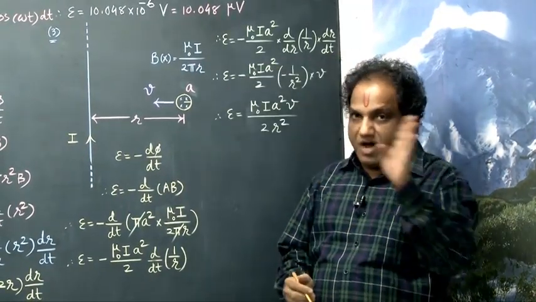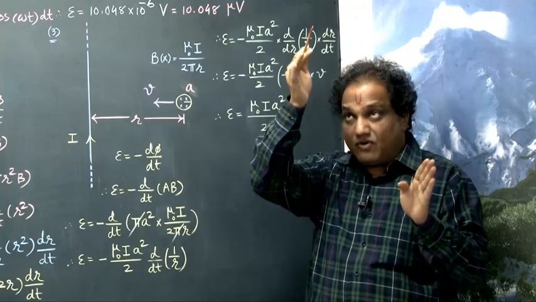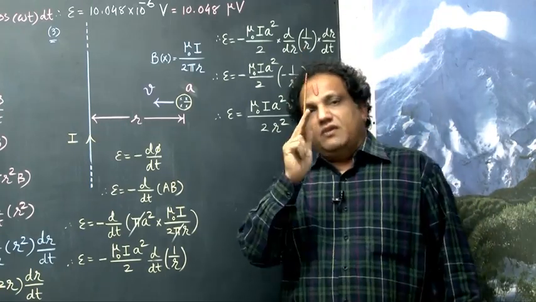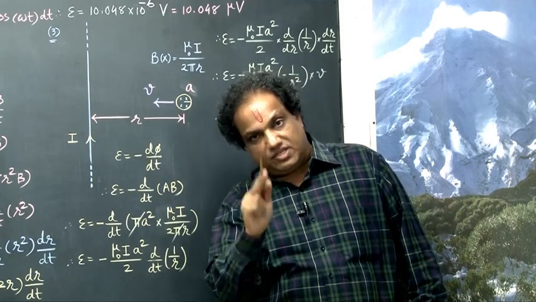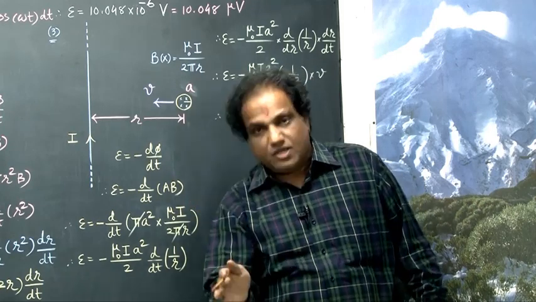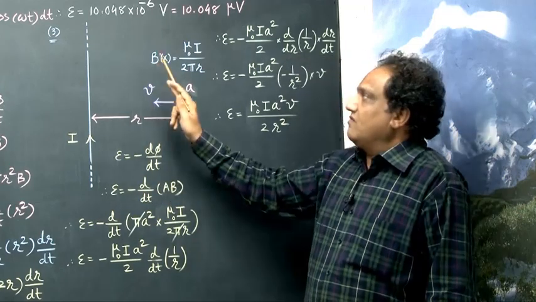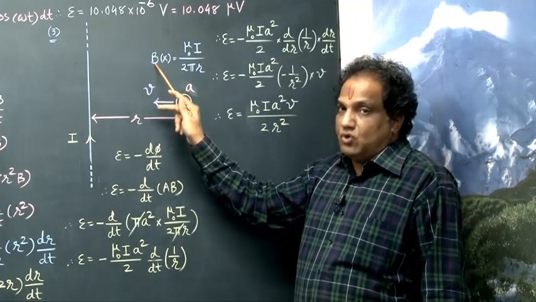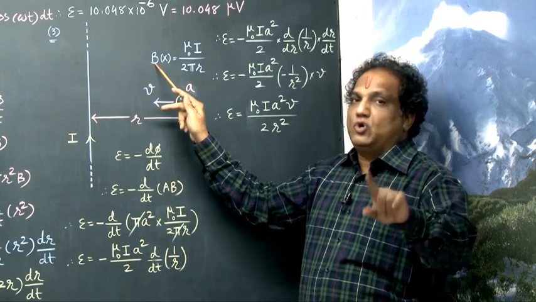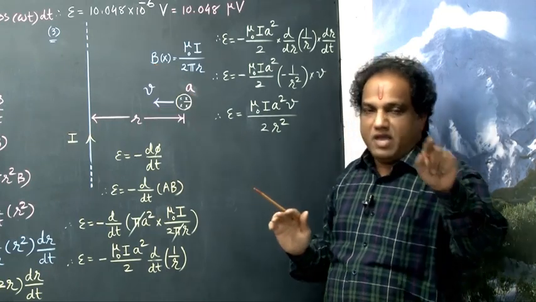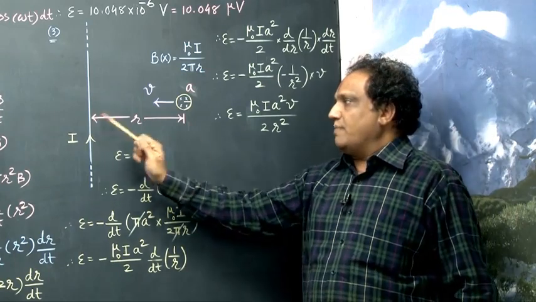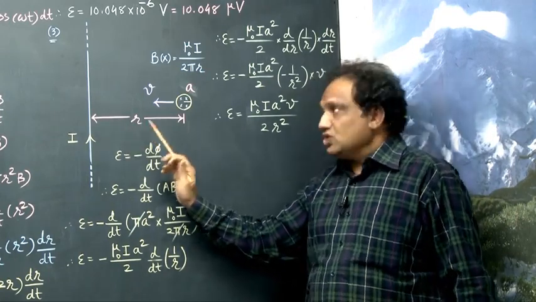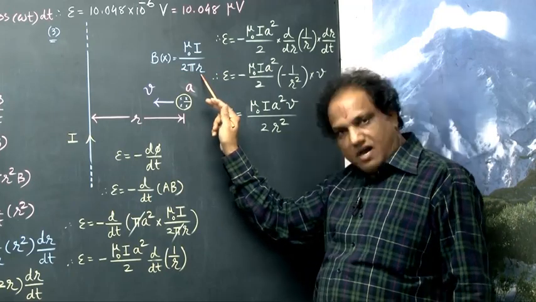At a perpendicular distance y from an extremely long, thin, straight current carrying wire, you know the magnetic field formula from third semester, B equals mu 0 I upon 2 pi y, where y is the perpendicular distance. Right now the perpendicular distance I am taking r, so instead of y I have placed here r.